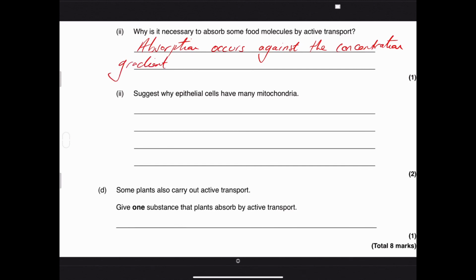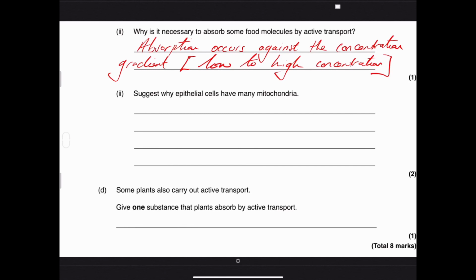So we are absorbing nutrients or substances against the concentration gradient. What I'm saying is that we're going from a low to high concentration. Diffusion is passive. It goes from a high to low concentration. Active transport is where we are moving substances against the concentration gradient, i.e. from a low concentration to a high concentration.